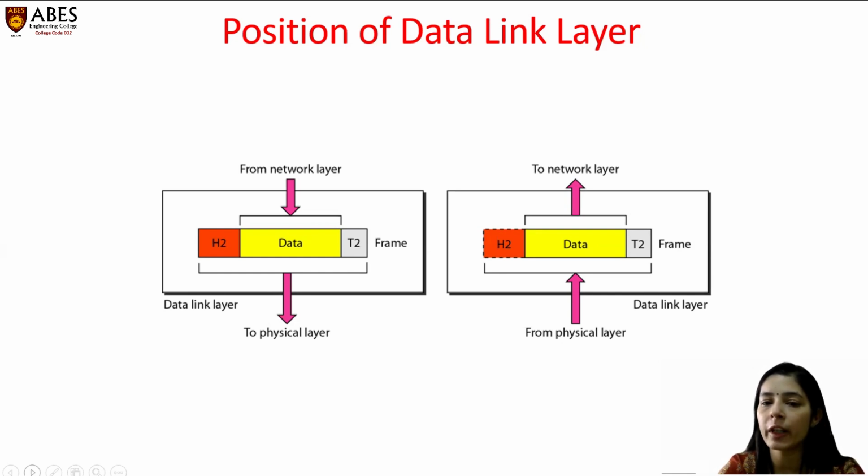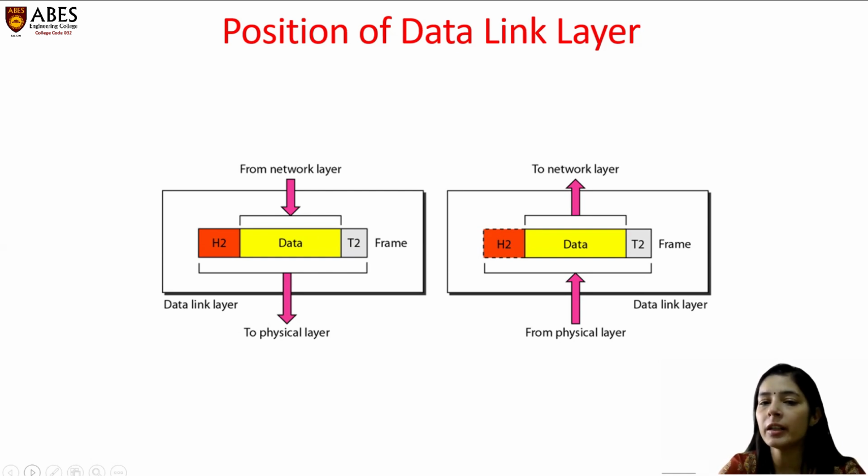This is said to be a frame when we attach the header as well as the trailer. The header contains the addressing information and some additional information as well, and the trailer we attach for error detection and correction purposes. A trailer contains some redundant bits with the help of which, at the receiver end, the receiver will be able to identify whether it has received the correct data or the corrupted data.